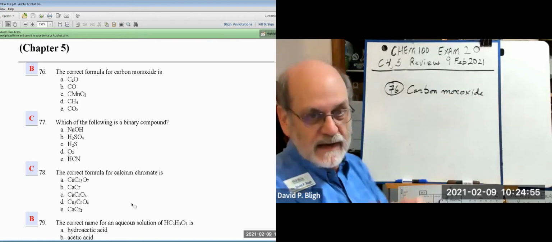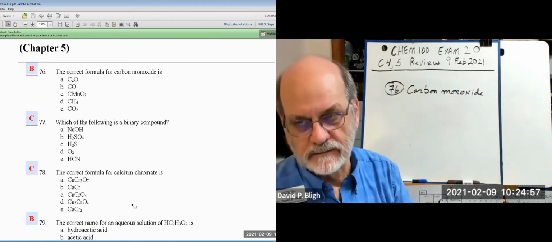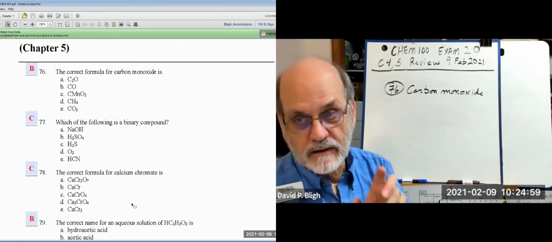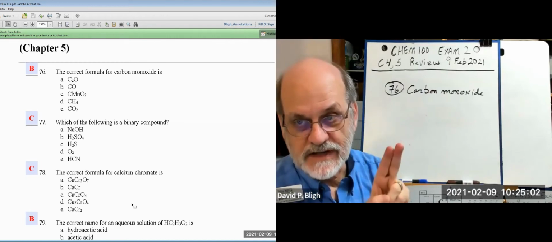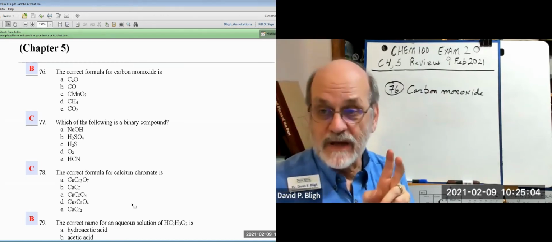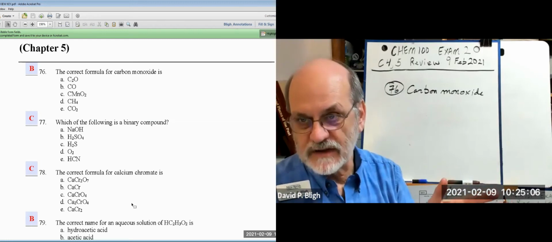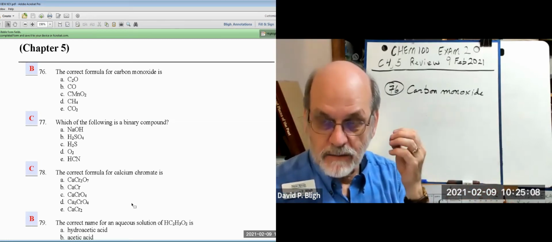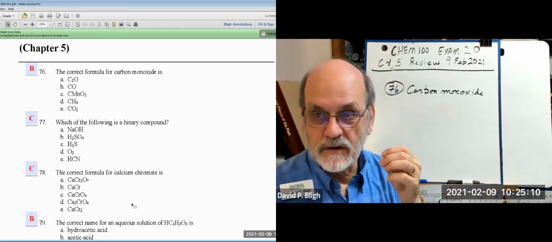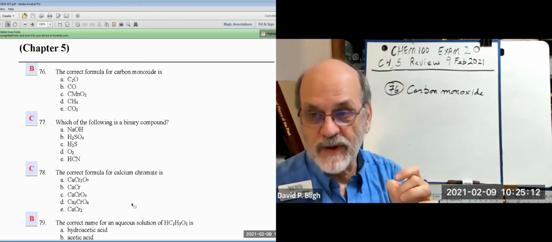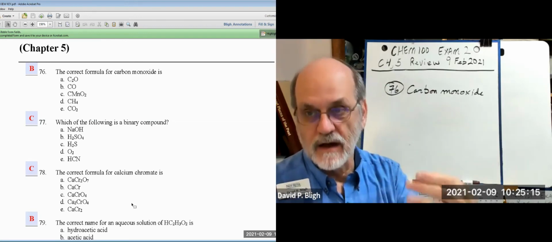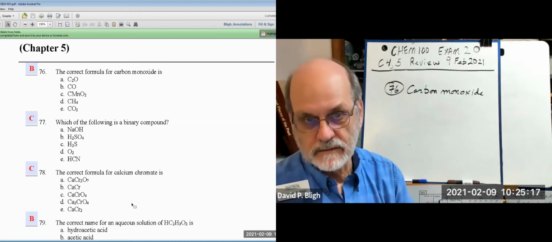All right, type 1, type 2, or type 3? Two nonmetals, type 3. So that means charge is irrelevant. You just name the compound. You write the compound from the name based on how many of each of the elements are given.